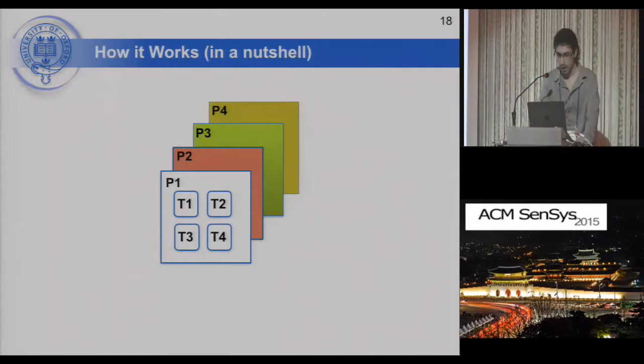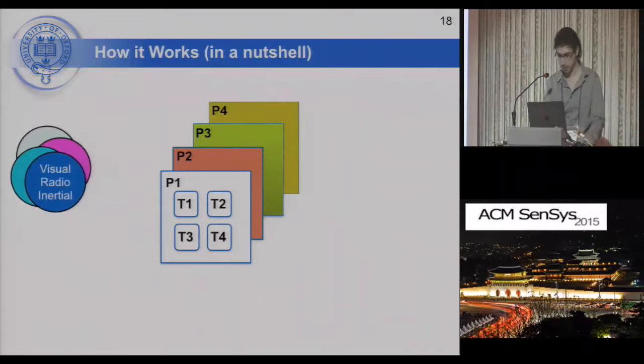Okay, so in our particle filter, each particle maintains a bank of Kalman filters, which means that each particle tracks all targets. In other words, each particle is a realization of the system, which keeps track of the association history. In each time step, we receive visual, radio, and inertial measurements.